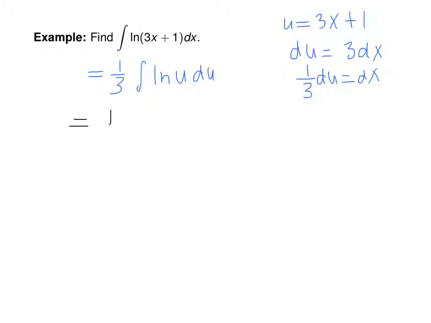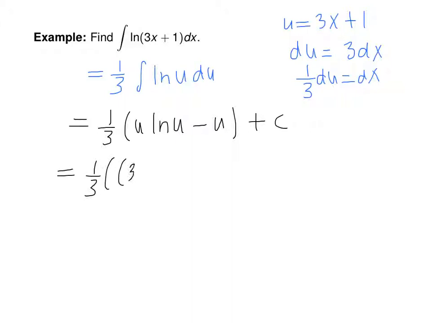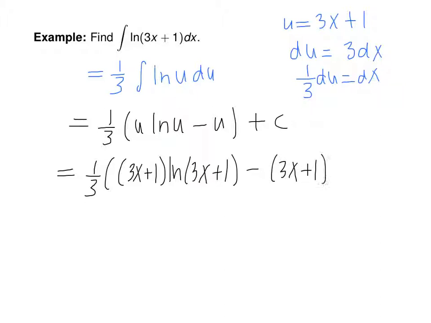So we'll have 1/3 u ln of u minus u plus c. And then let's reinsert what u is, and we'll have 1/3 times 3x plus 1 ln of 3x plus 1 minus 3x plus 1 plus c. There are ways to simplify that sum, but for now, that's good enough.